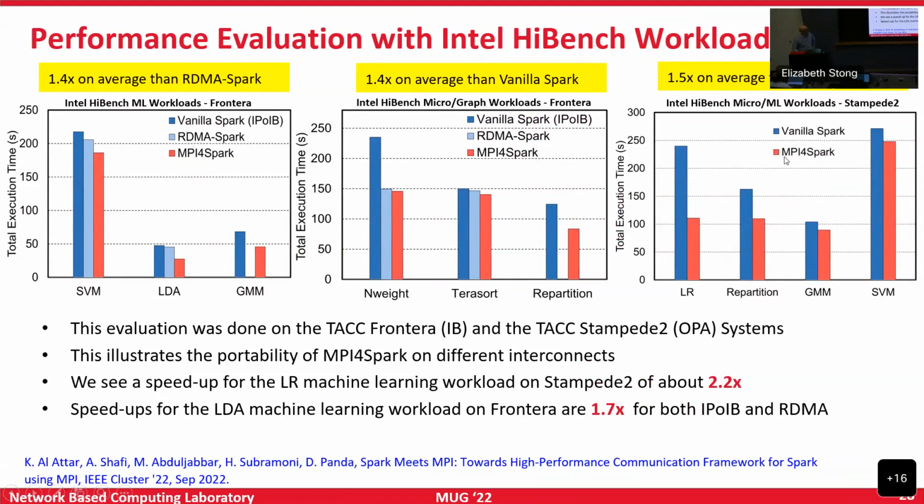But for the third one, we cannot run RDMA Spark because this is Omnipath, and RDMA Spark will not work over here. We basically see on average 1.4x better performance than RDMA Spark. And for this second case, it's 1.4x on average better than vanilla Spark, and 1.5x on average better than vanilla Spark.